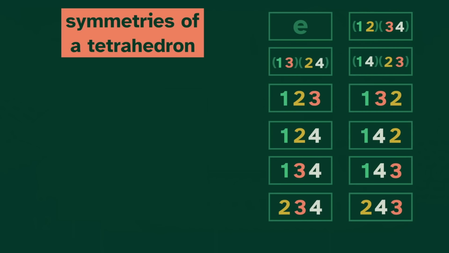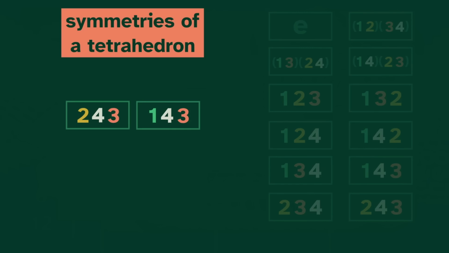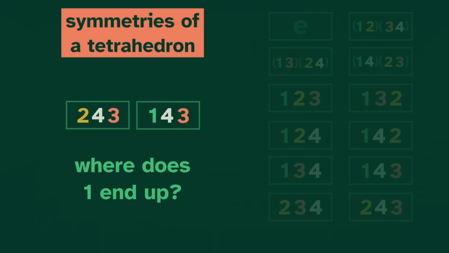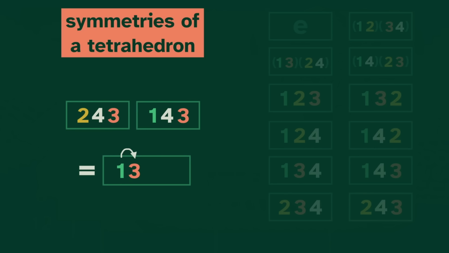Let's try doing an operation. What do we get by combining (2 4 3) with (1 4 3)? Maybe first let's ask, where does 1 end up? Remember, the elements apply right to left. So first, 1 goes to 4, then 4 goes to 3. So overall, we have 1 goes to 3. Now, where does 3 go?